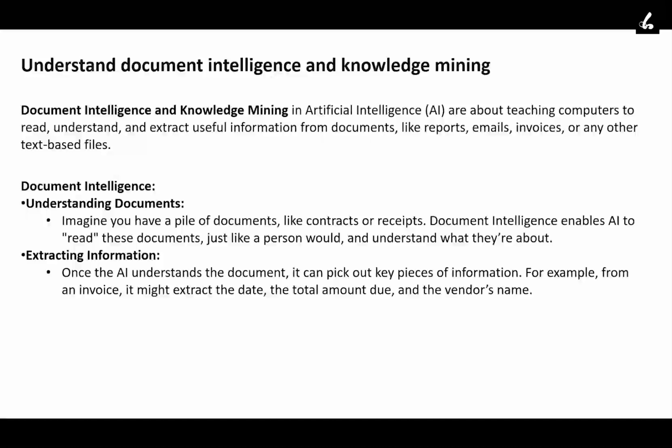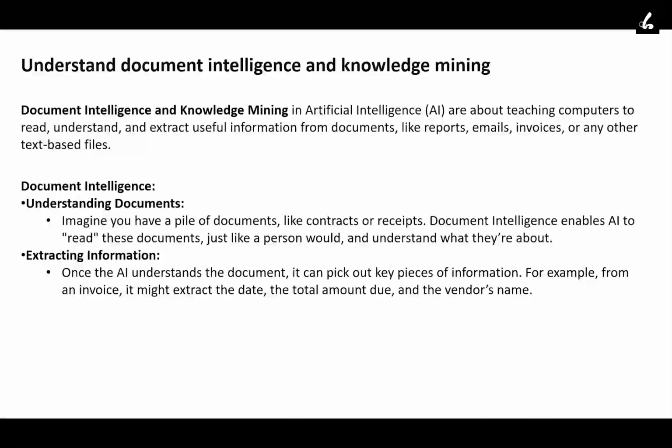So all the reports are related to the health sector, or these are the documents of receipts which are generated for a particular service, or these are the documents of some research that happened in a particular area. After reading, the same way we understand, the computer is able to understand what the document talks about.